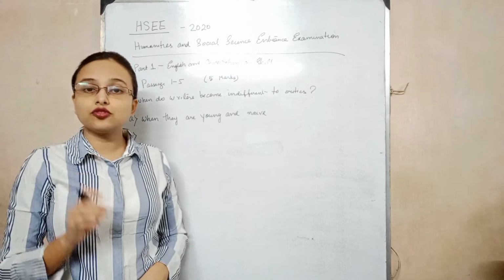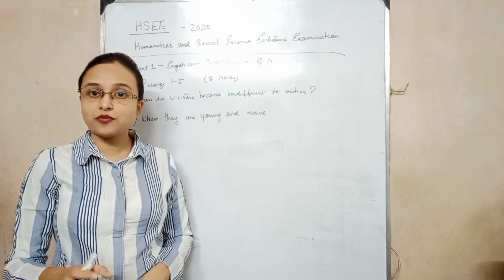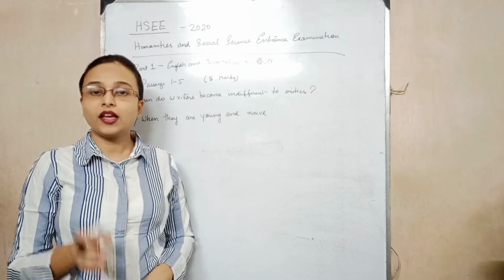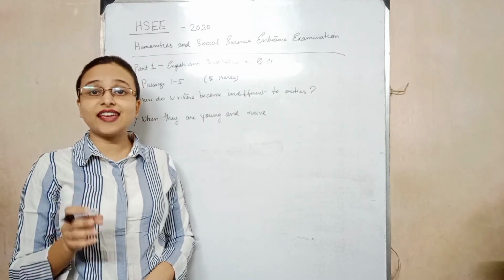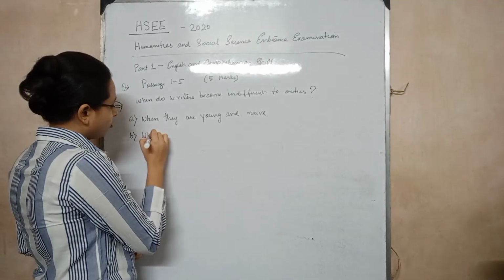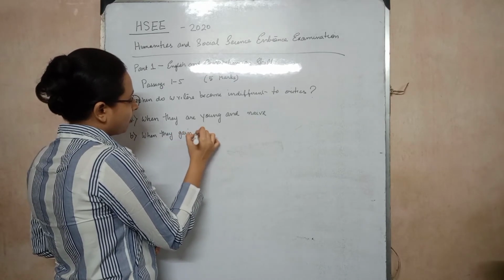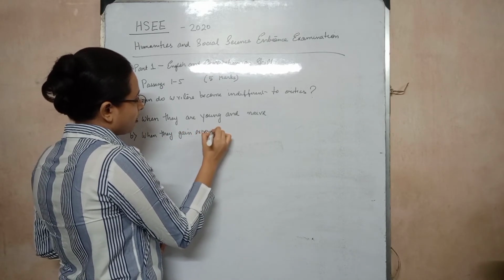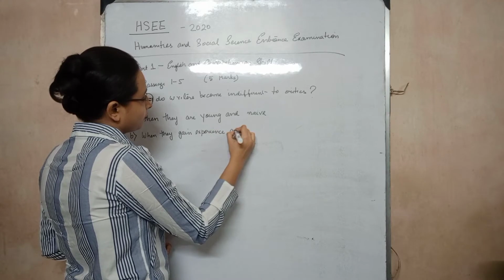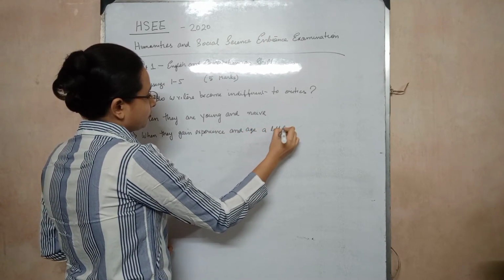Now, this was the first option. I will advise you, do not just read the first answer; go through all the options, then choose your answer. The second option was, when they gain experience and age a little.